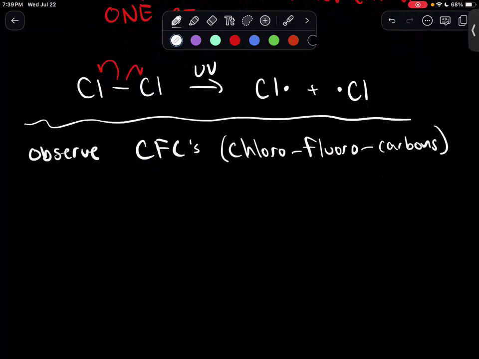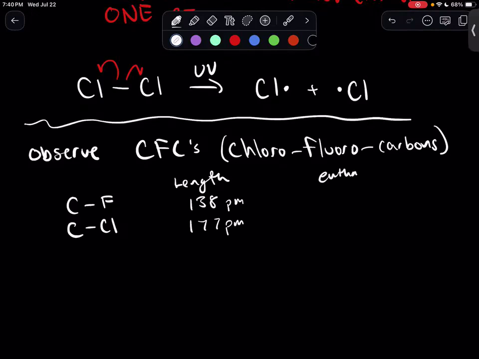So what we're going to do is look at a couple of properties of these. If we look at the carbon-fluorine bond and the carbon-chlorine bond, we'll notice that they have bond lengths of 138 and 177 picometers respectively. So the carbon-fluorine bond is smaller. You can probably predict that due to the higher electronegativity of fluorine.